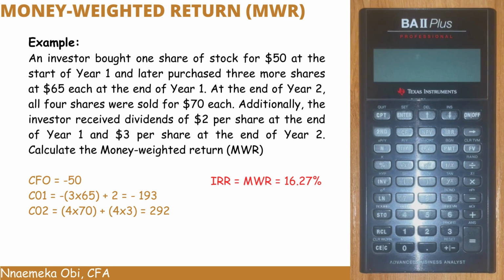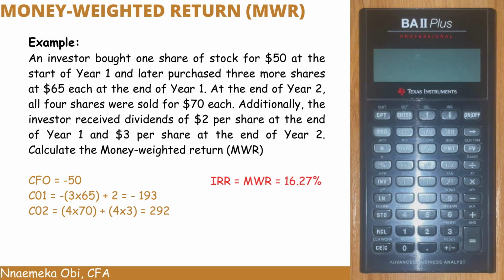Now, at time zero, the investor purchased a share for $50. So this is an outflow from the investor's perspective, and this is the only cash flow that occurred at time zero. So our CF0 will be minus 50.